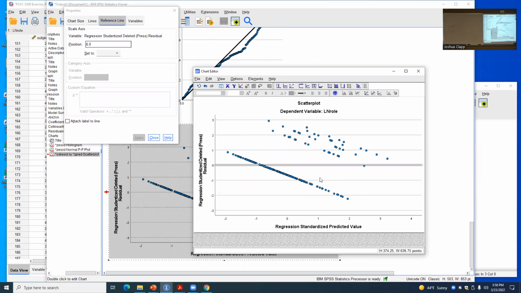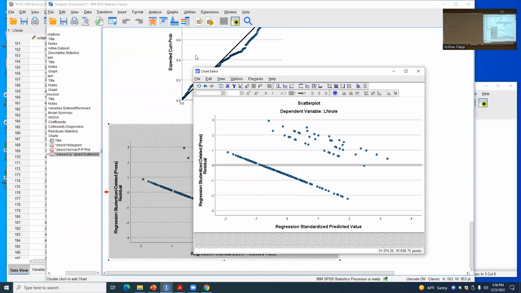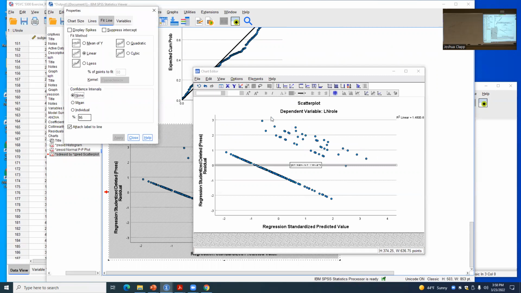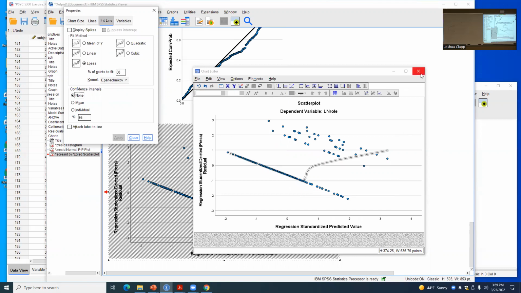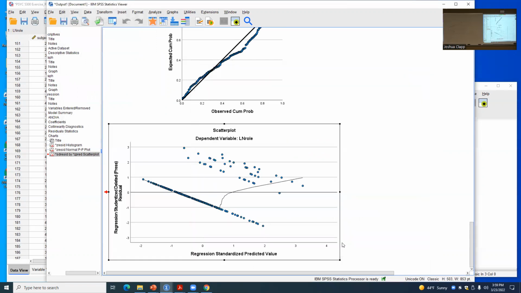This is just going to draw a line through my 0 point, just so I can see where that is, because the mean of my residuals will by definition be 0. I want to see above and below that. And then elements, I'm going to say fit line at total. And then I'm going to select lowest, apply that. Close. All right.